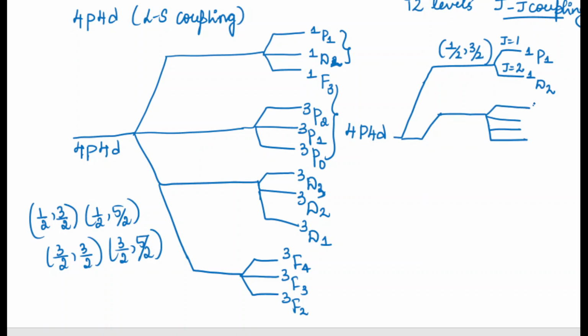So here I'll write it as 1F3, and here I'll write it as 3P2, and here it will be 3P1, and here it will be 3P0. Okay, so what are the values of J? The J value is J equal to 3, and here J equal to 2, and J equal to 1, and J equal to 0.